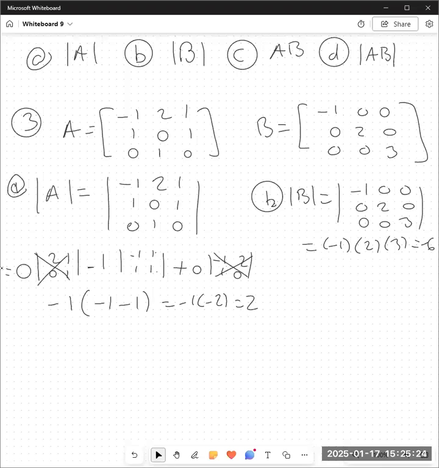It was both upper and lower triangular. It just had numbers along the main diagonal, which makes it real easy: I just multiply that main diagonal to get my determinant there.